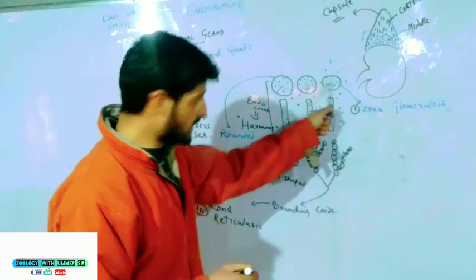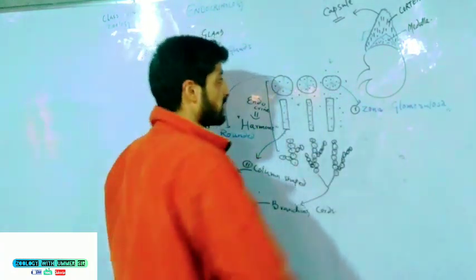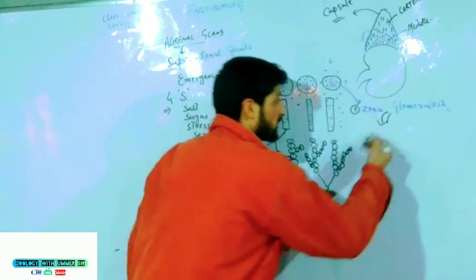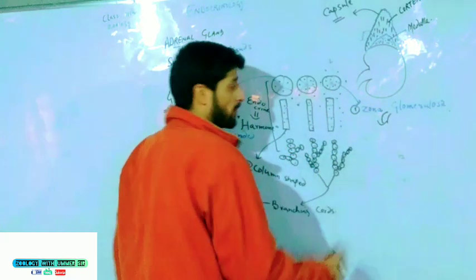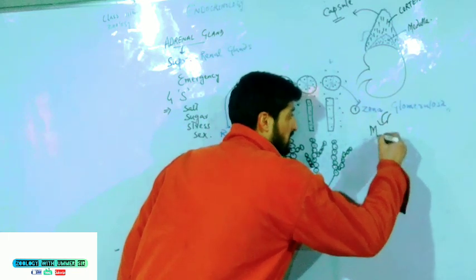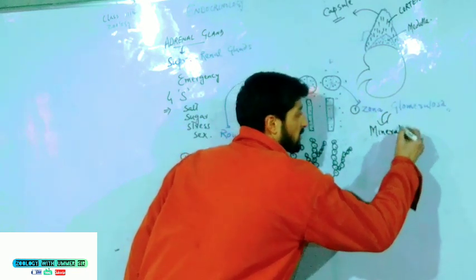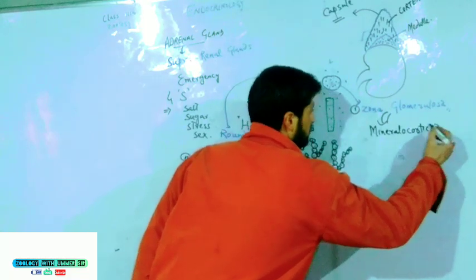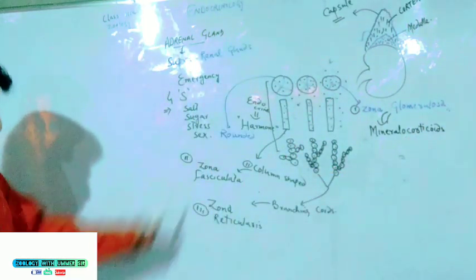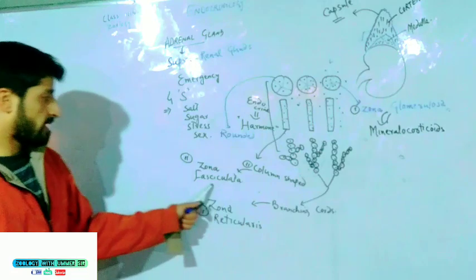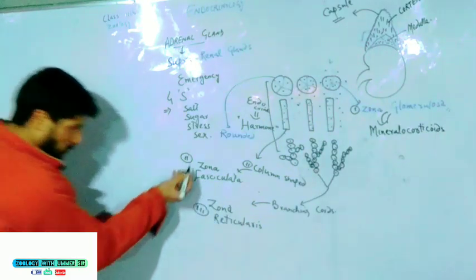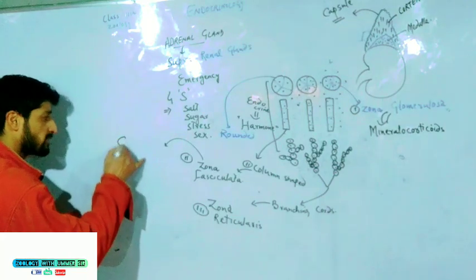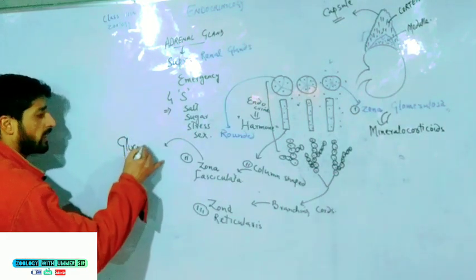The first layer of cells, the rounded cells, produces a special group of hormones that we call mineralocorticoids. The second type of cells, the zona fasciculata, produces another group of hormones known as glucocorticoids.